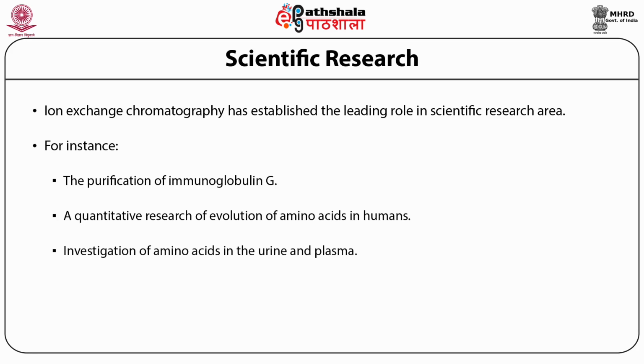Investigation of amino acids in urine and plasma is one of the remarkable features of IEC. Determination of amino acids in physiologic fluids by IEC. IEC also facilitates a lot in the scientific area, not only in medical but also in various other fields.